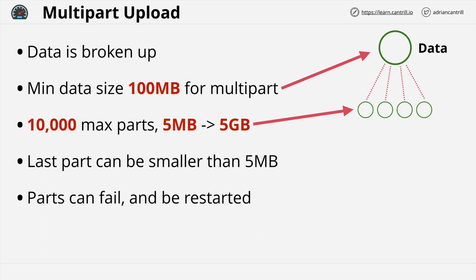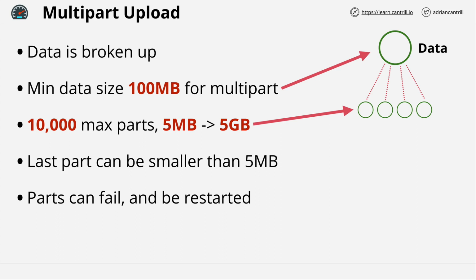Now, the reason why multi-part upload is so effective is that each individual part is treated as its own isolated upload. So each individual part can fail in isolation and be restarted in isolation rather than needing to restart the whole thing. So this means that the risk of uploading large amounts of data to S3 is significantly reduced.